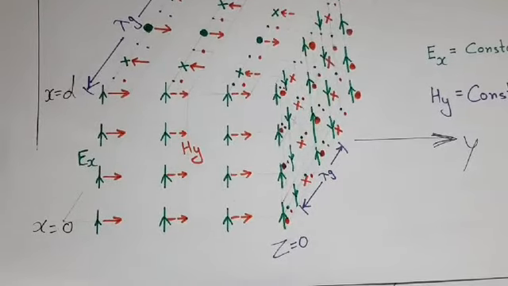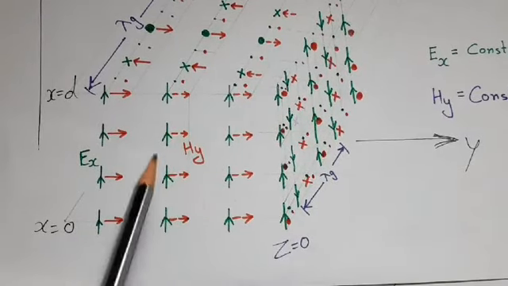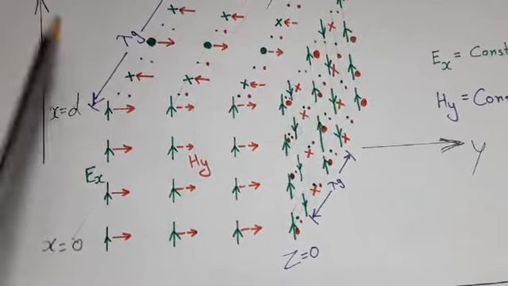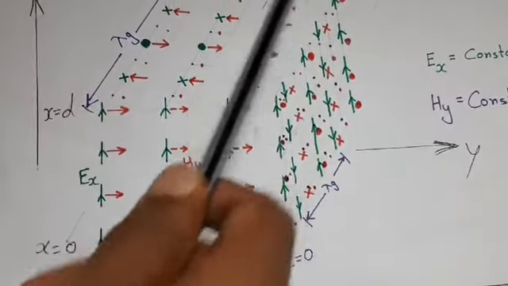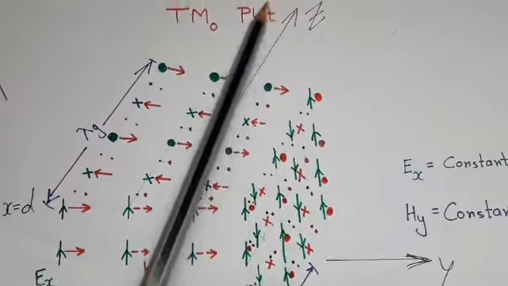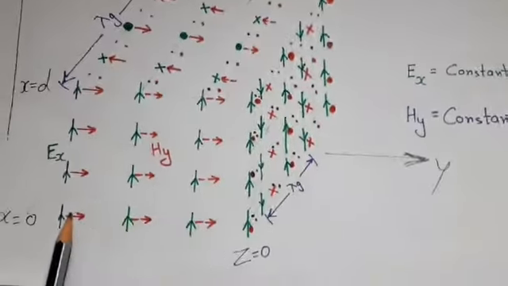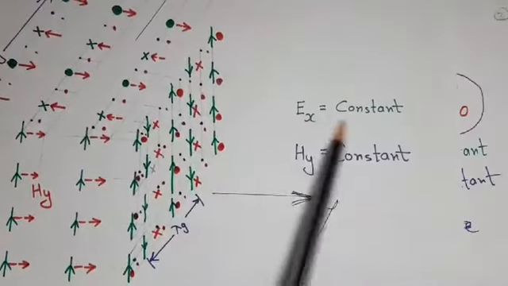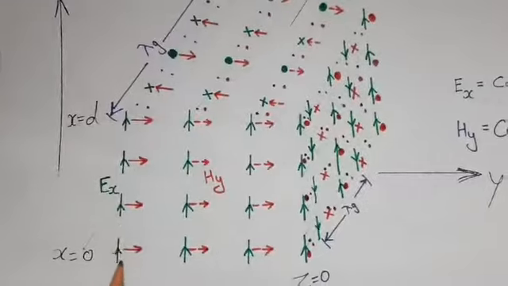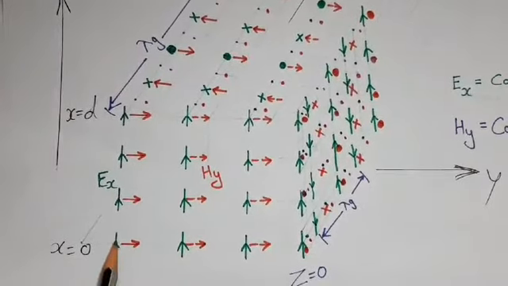This is TM0 plot where this is x direction, this is y direction and away from us this is z direction. Green color corresponds to Ex. Because x is in upward direction, so we can mark Ex as this.